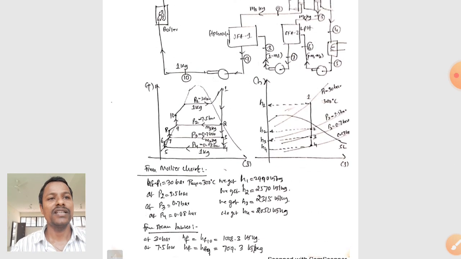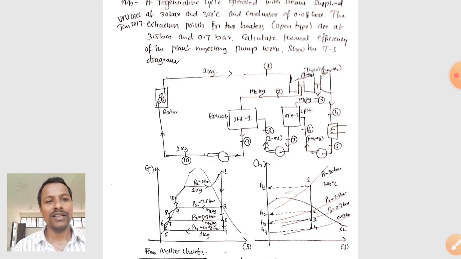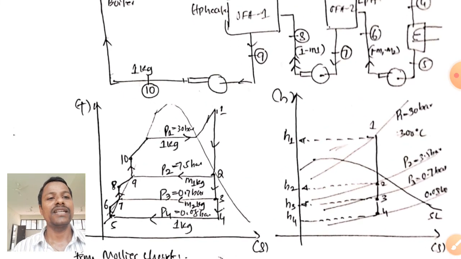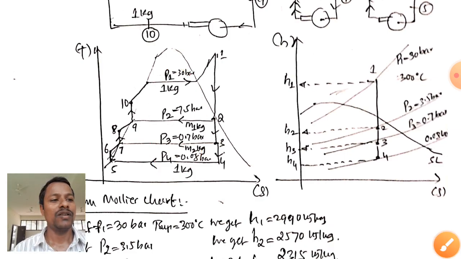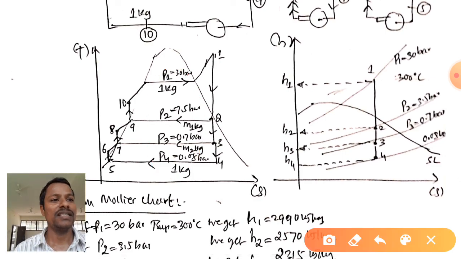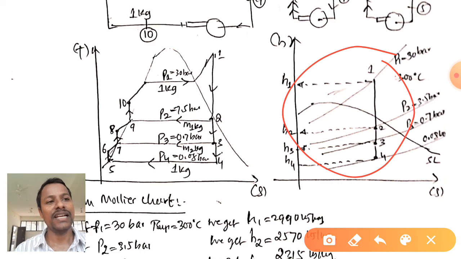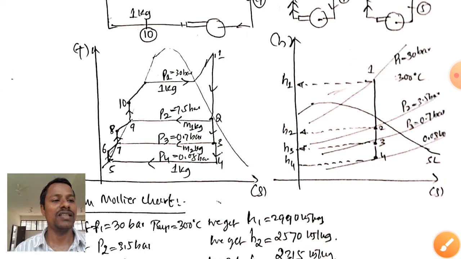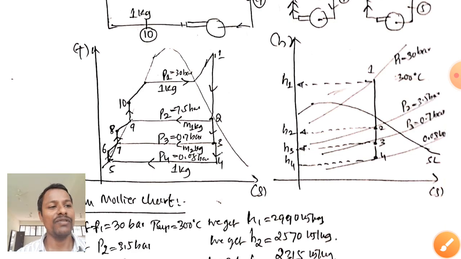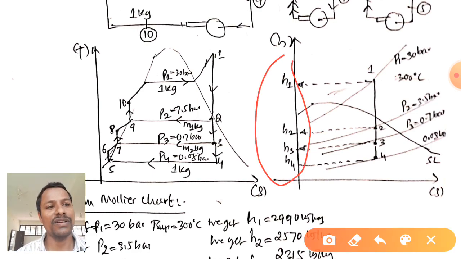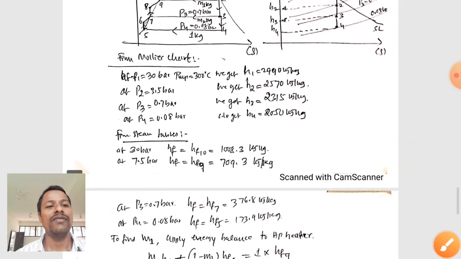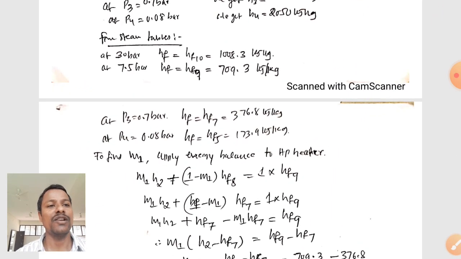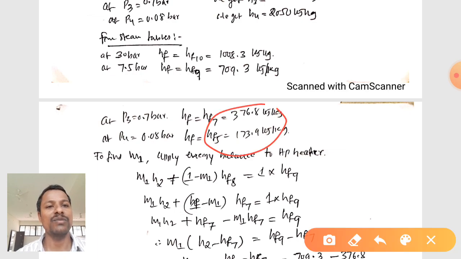So what all we did: in the problem statement we identified the pressures that were given, and we used the Mollier chart and indicated all the state points 1, 2, 3, 4 from the given conditions, that is pressure and temperatures, and we obtained the enthalpy values H1, H2, H3, H4. We further noted the required values from the steam tables.